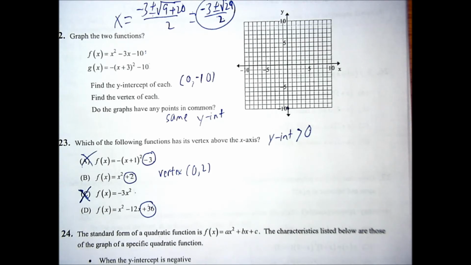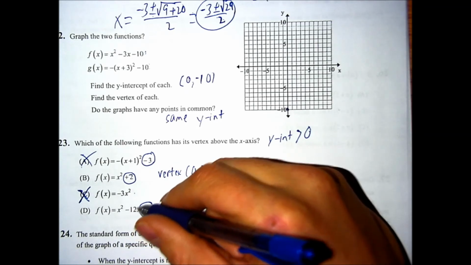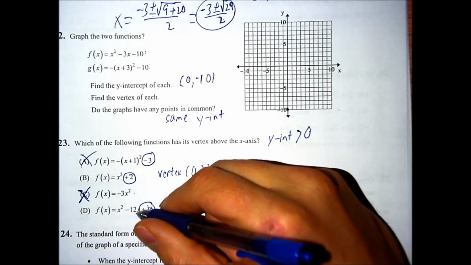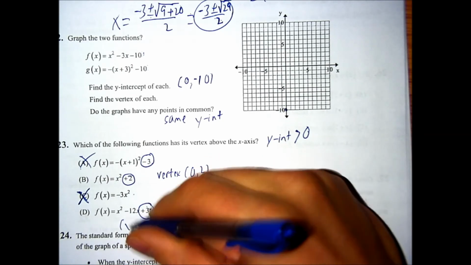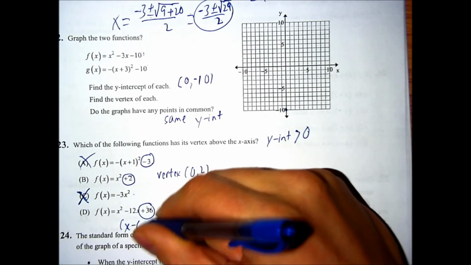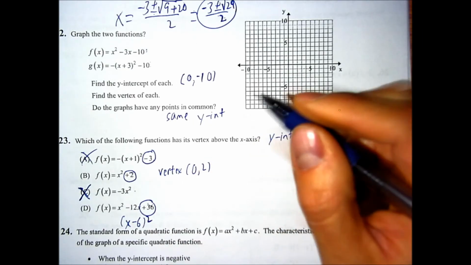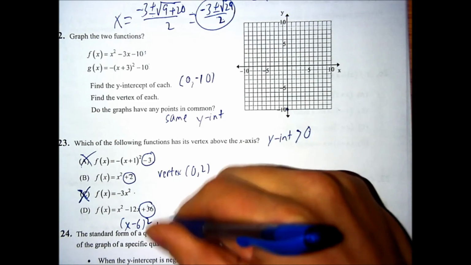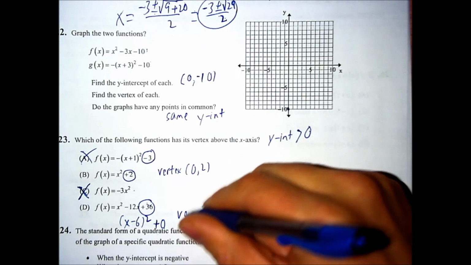But I can convert it to vertex form very easily by either factoring this as x minus 6 quantity squared, because 6 times 6 is 36 and they're both negative, or by doing opposite b over 2a and finding the y value. So when I do this as x minus 6 quantity squared, you can see here, in fact, the vertex is on the x-axis: negative 6, 0.